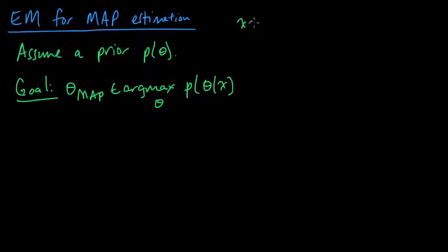Here, for consistency with previous videos in this section, I'm using just x to denote the data, the sequence of observations x1 through xn, but not any latent variables. So there are latent variables z, which are not showing up in this expression.